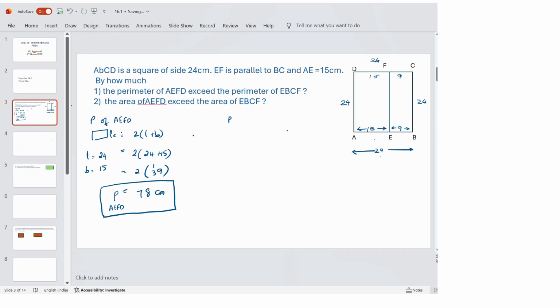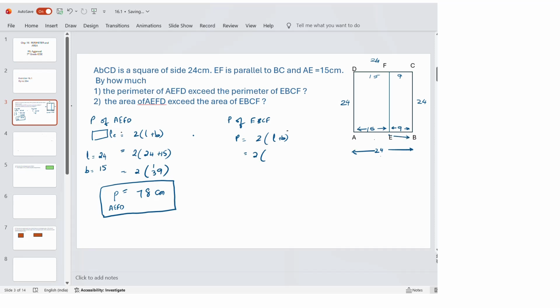So now we need the perimeter of EBCF. Again, perimeter is 2 into (L plus B). Substituting the values, what is the length? It's 24, but what is the breadth? It's 9. You see the breadth EB is 9.